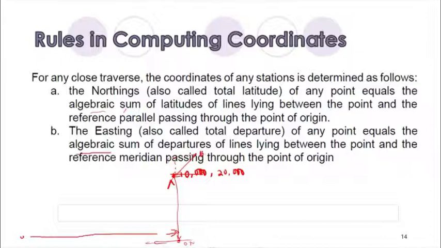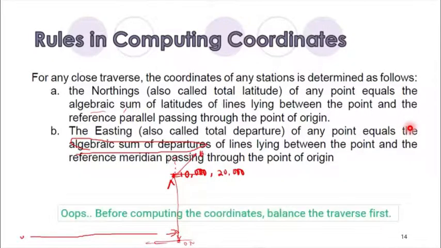That's why the statement says the algebraic sum of departures of lines. Another term for northings is the total latitude, because it is the summation of latitudes of lines, and the eastings is also known as the total departure because it is the sum of all departures of lines.